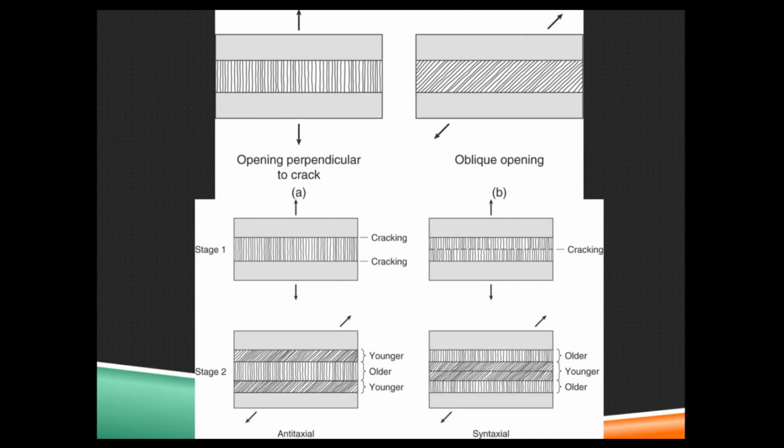Now case A has tension in line with the fibrous growth perpendicular to our joint. Then later, two cracks form at the contact between our fibrous vein and the surrounding rock. That is a weak point. So it's logical that a crack could form right there.